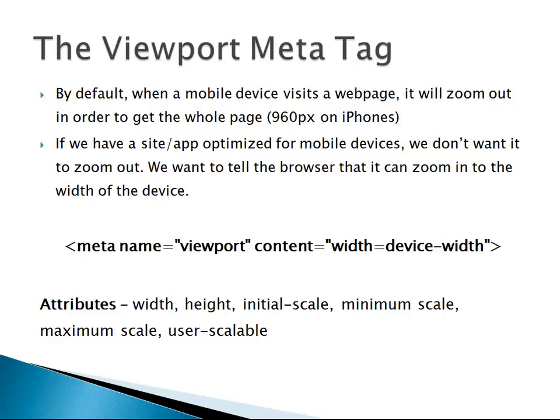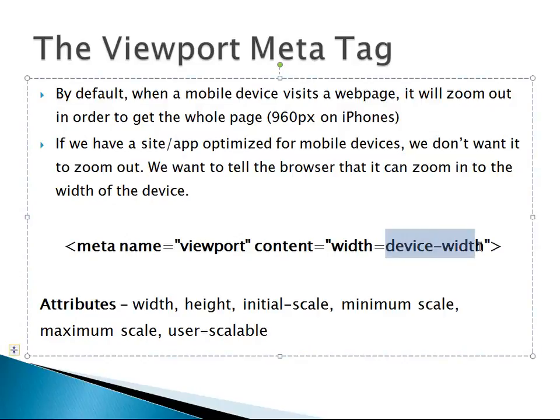So we want to tell the browser that it can zoom in to the width of the device, and we can do that with this tag here. It's a meta tag that has a name attribute of viewport, and the content here, we're just setting the width of the application or the site equal to the device width.